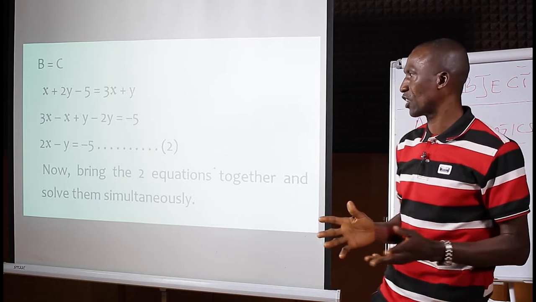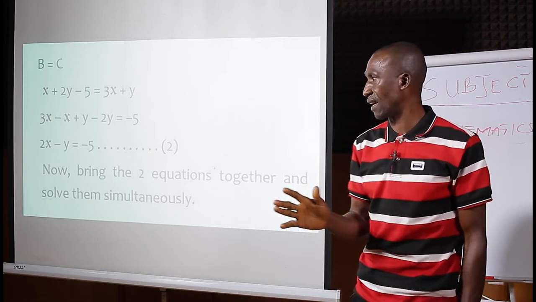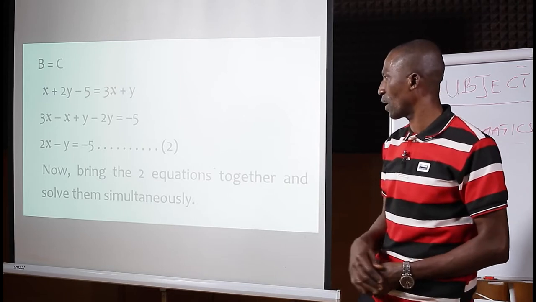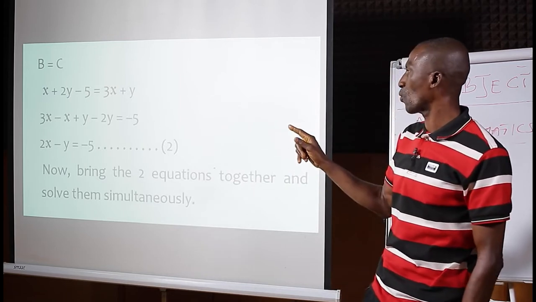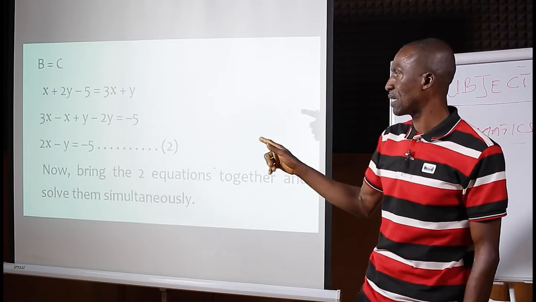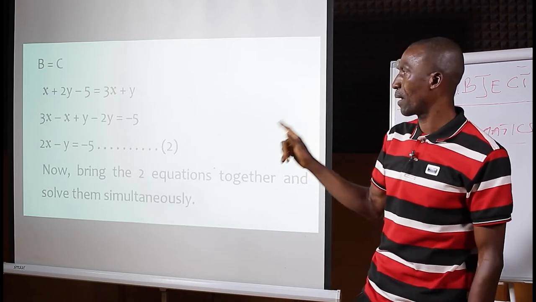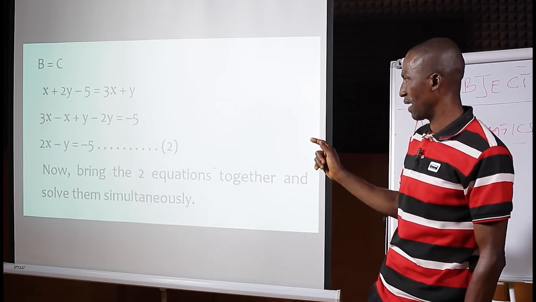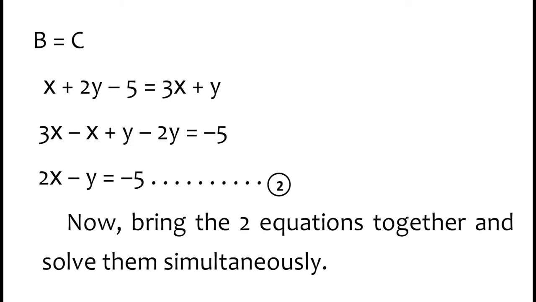By simplification, 3x minus x gives 2x, and plus y minus 2y gives minus y, equals minus 5. So the equation is 2x minus y equals minus 5, equation number 2.